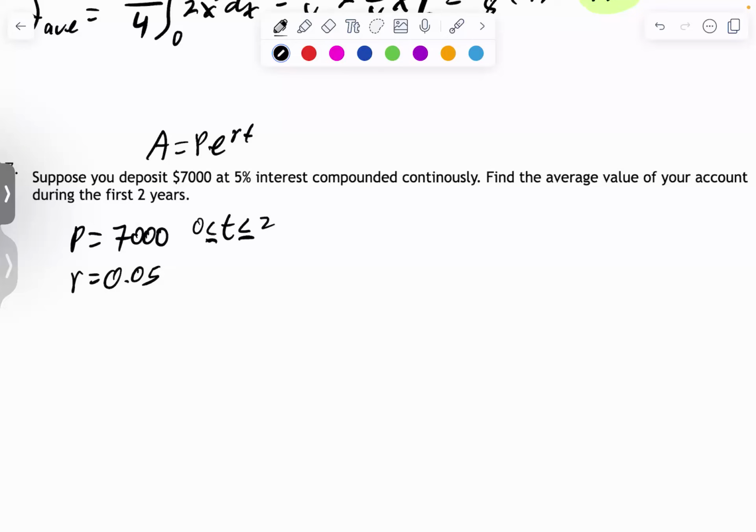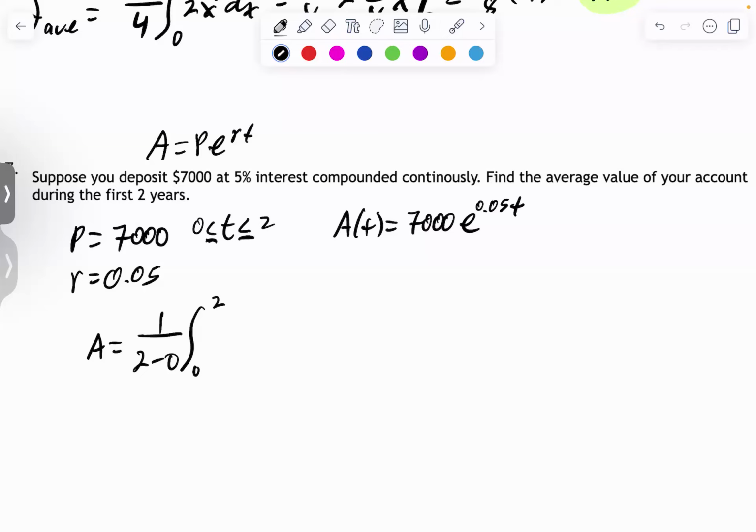So our average is going to be 1 over 2 minus 0, the integral from 0 to 2. And I guess I should do this. So our function is going to be 7,000 e to the 0.05 times t.